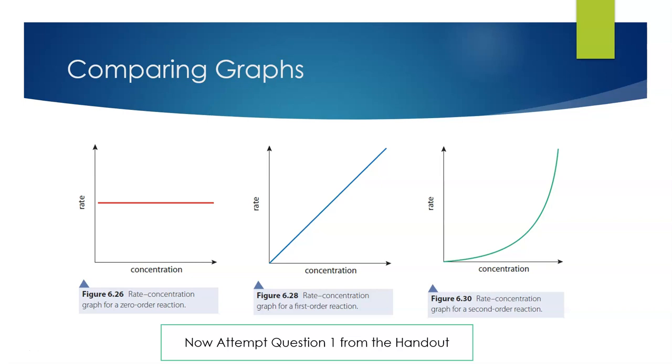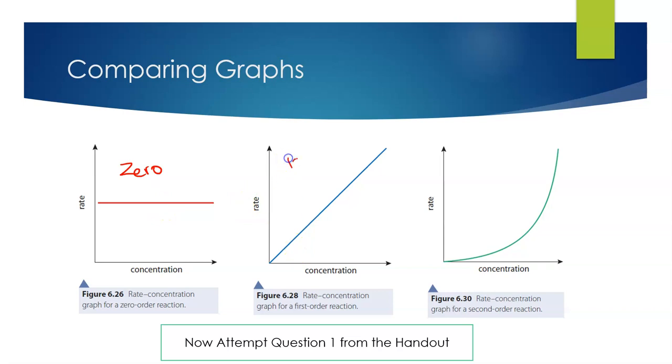So this is a rate versus concentration graph. This is slightly different in that now what we're looking at is not concentration versus time. This is rate versus concentration. In this case, we can see that this is a zero order because the rate does not change with changing concentration. So it is constant.